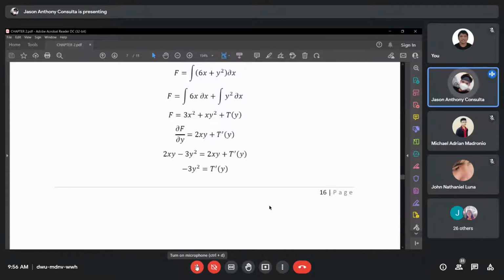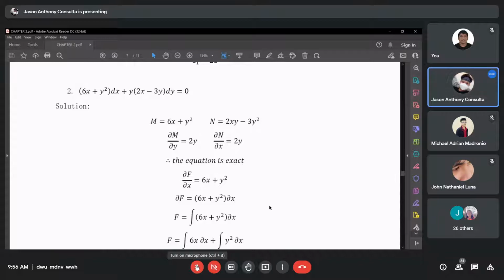Okay, let's repeat the step-by-step process. When you are given this kind of problem, first find m and n. Then after finding m and n, find the partial differential of m with respect to y and the partial differential of n with respect to x.